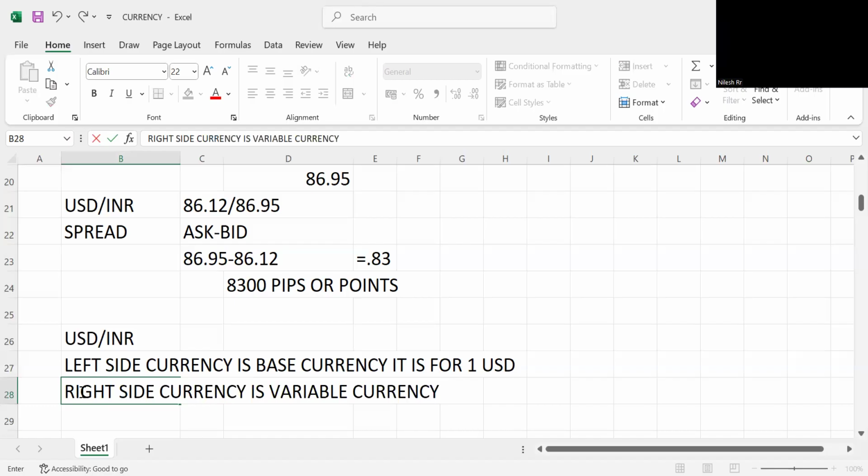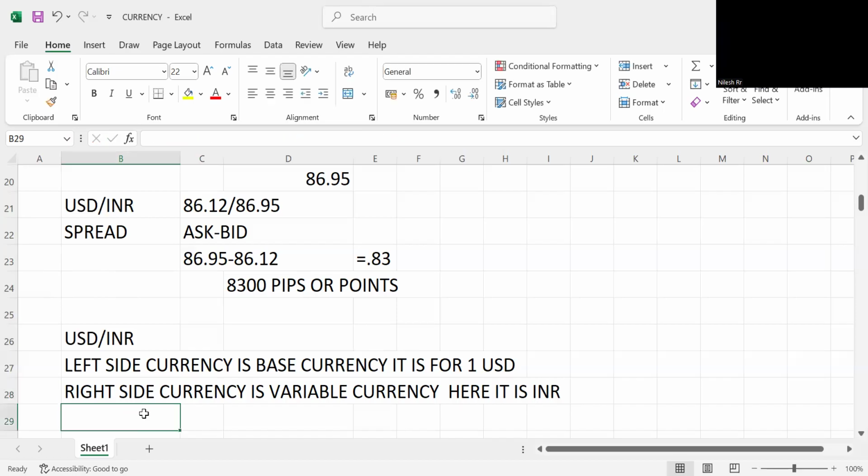So the right side currency is the variable currency. For our example, here it is INR and there it is USD.